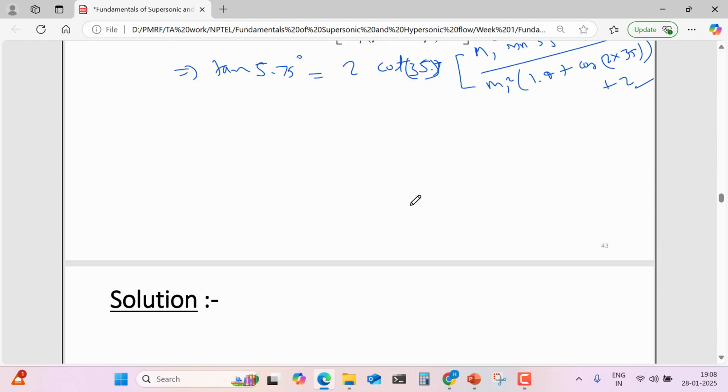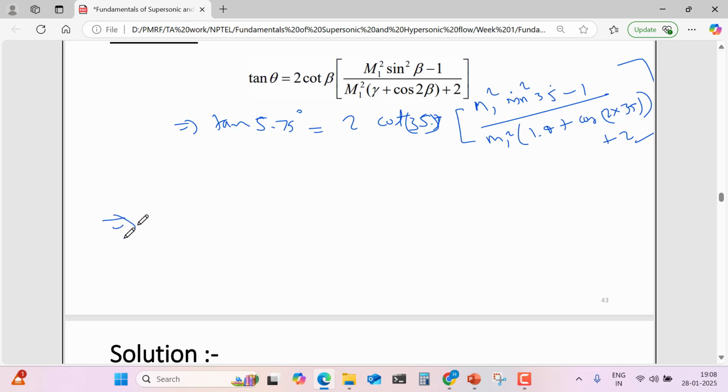For solving this we have to use a calculator.